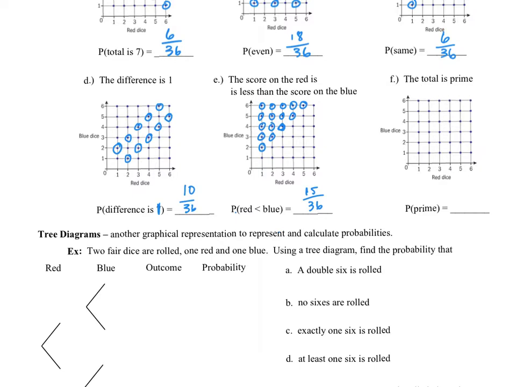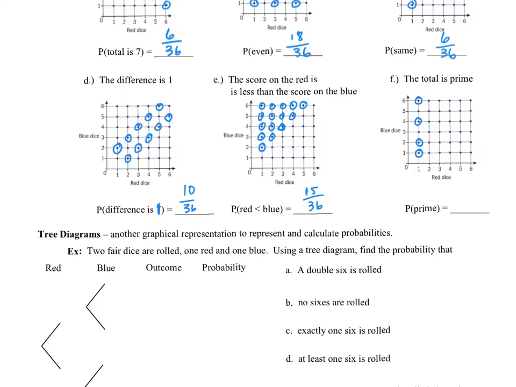Okay, so we're just going to have to go through them one by one. 1 and 1 is 2. That's a prime number. This would be the outcome of 3. That's prime. This is an even. This one's prime because 1 plus 4 is 5. And then if I roll a red 1 and a blue 6, that would be prime.